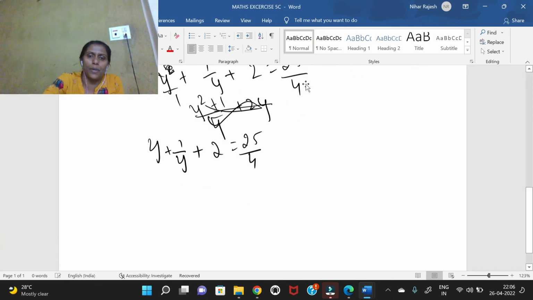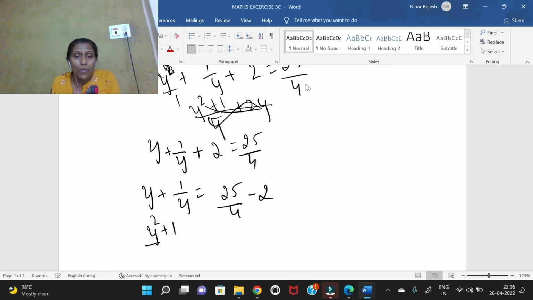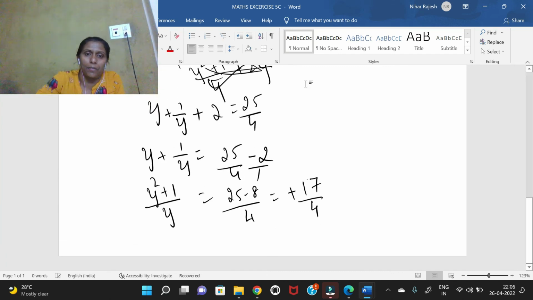I can do two methods here. Let me take this 2 outside, that will be one method, or keeping y on the left side and then going for simplification would be another method. Y plus 1 by y is equal to 25 by 4 minus 2. Okay, so this becomes 25 minus 8, which would come to be 17 by 4. Okay, next what?